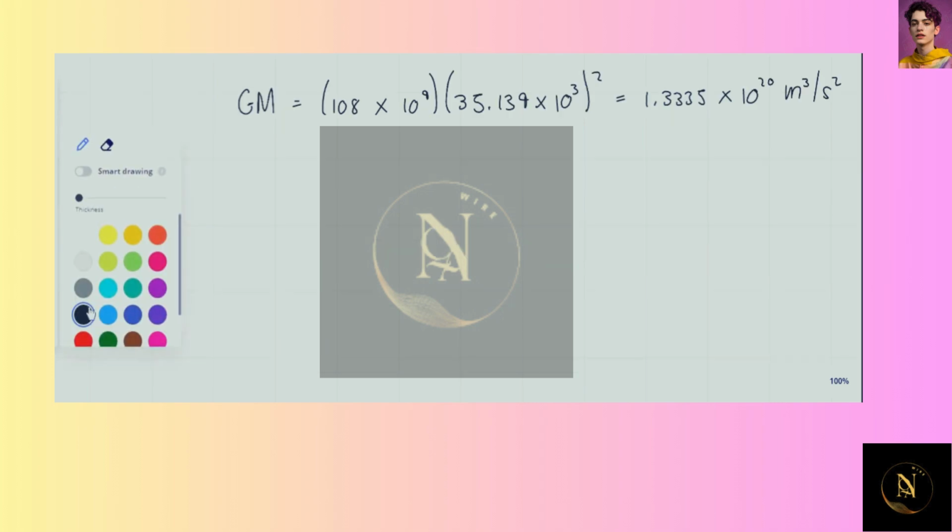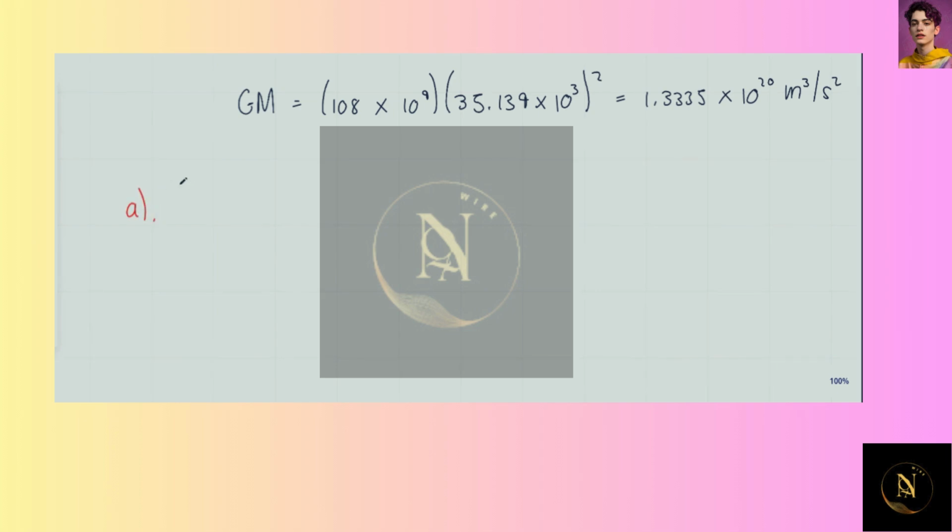So the first thing we will do is find, for part A, the mass of the Sun. So the mass of the Sun, remember, is capital M. And capital M is simply GM over G. So this is equal to 1.3335, our value for GM, which we just found, times 10 to the 20 meters cubed per square second over the value for G of 66.73 times 10 to the minus 12 in SI units.